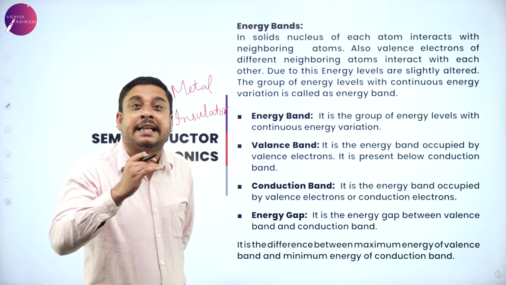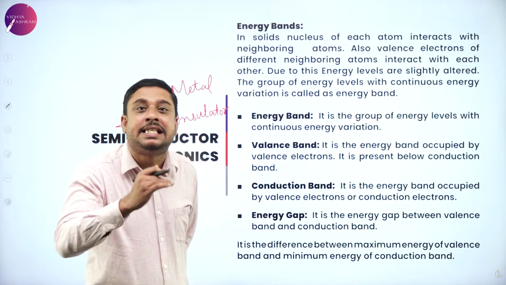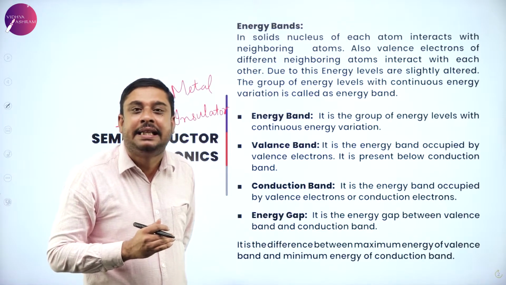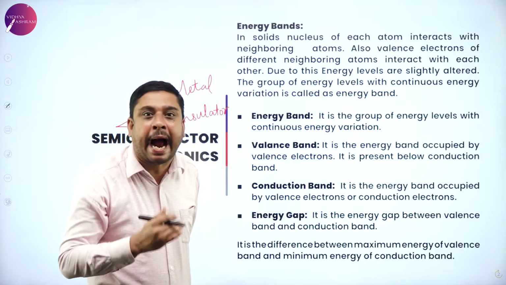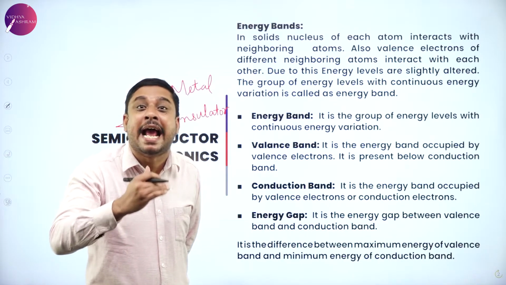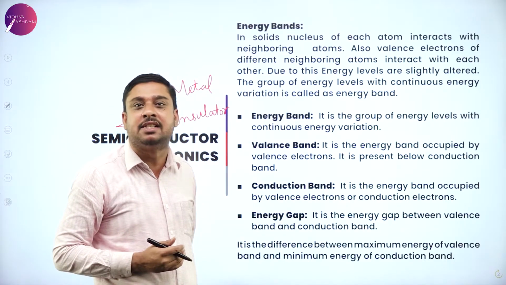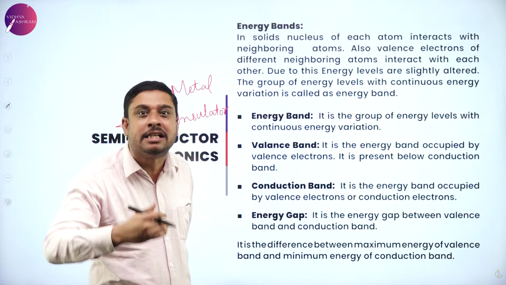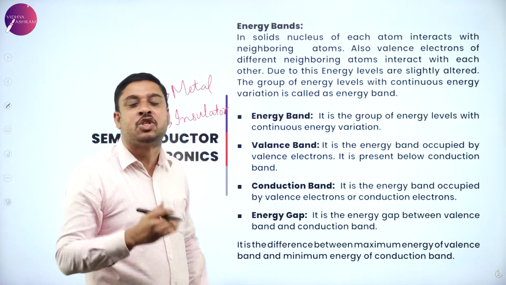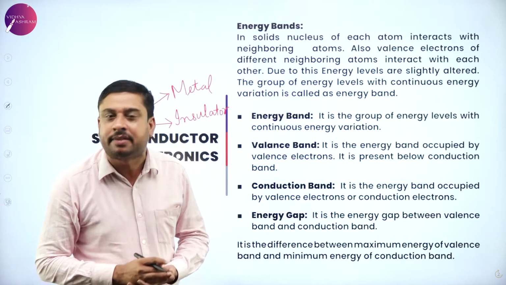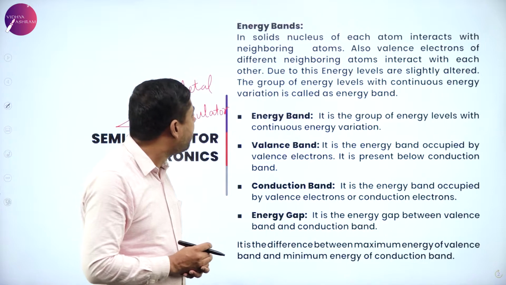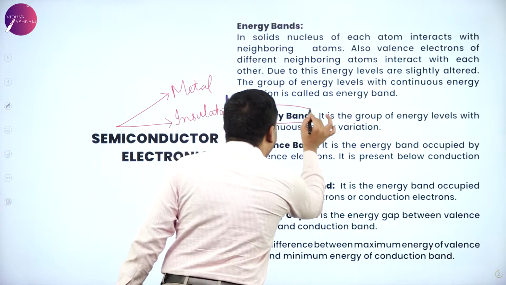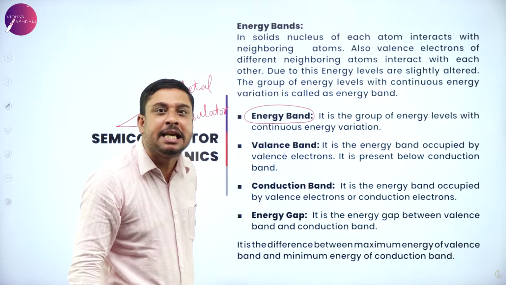semiconductors are the different energy bands present in them. And these energy bands cause energy variations which will help us to characterize current or voltage in that semiconductor. And therefore, the first thing that we study here is the definition of energy band.